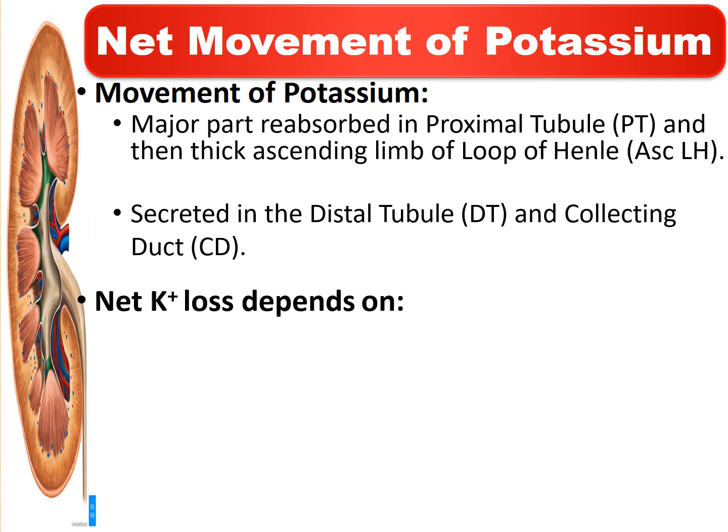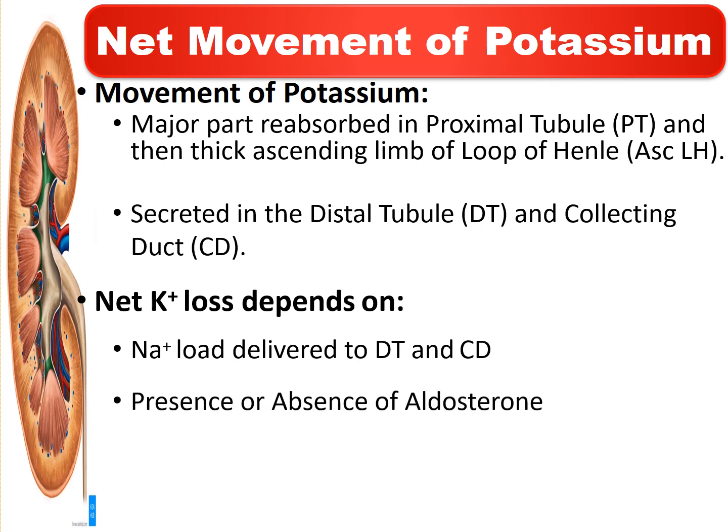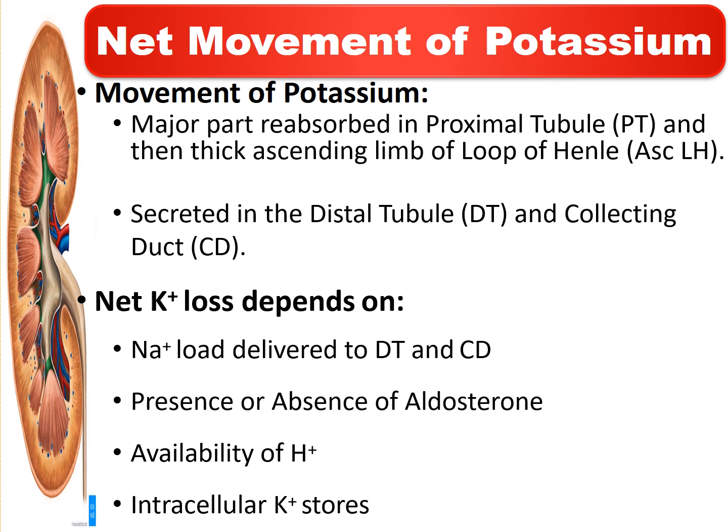The net potassium loss depends on the sodium load delivered to the distal tubule and the collecting duct, the presence or absence of aldosterone, availability of hydrogen, and the intracellular potassium stores.